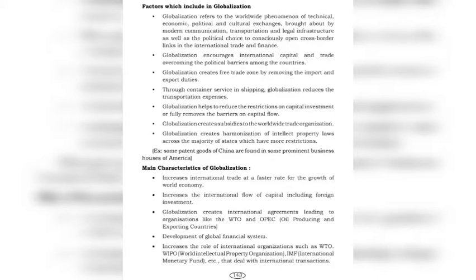Globalization refers to the worldwide phenomena of technical, economical, political, and cultural exchanges brought about by modern communication, transportation, and legal infrastructure, as well as the political choice to consciously open cross-border links in the international trade and finance.